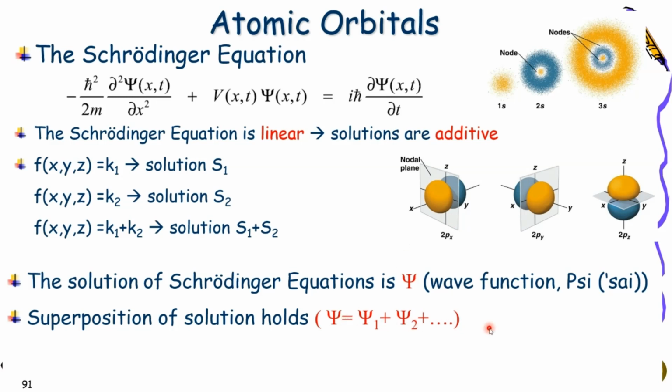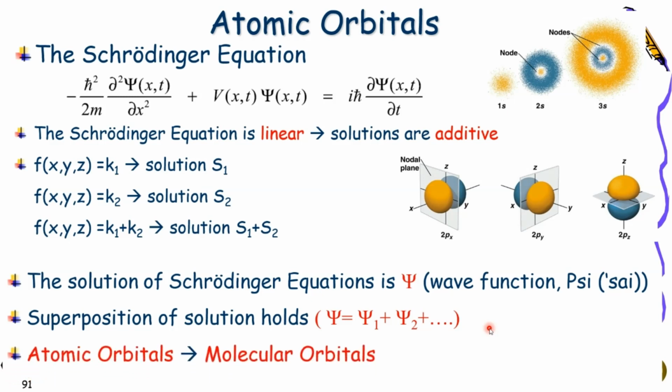That means that if you have two atoms, 3 atoms, 4 atoms, 5 atoms, it doesn't matter. You can put this shape together and add this up. So that means it makes us easier to realize atomic orbitals can put it together to become molecular orbitals.